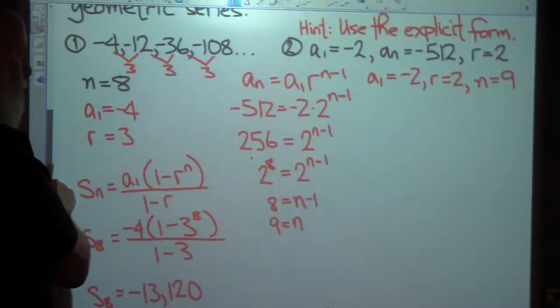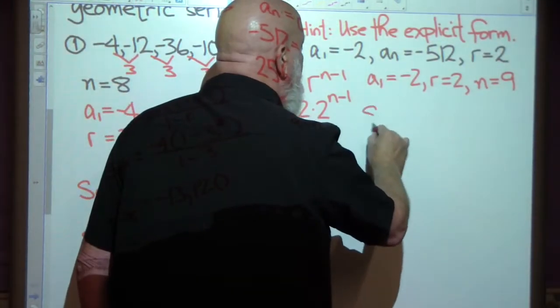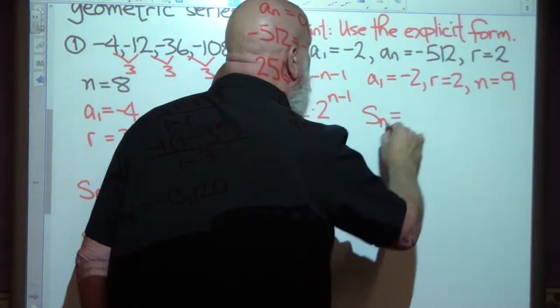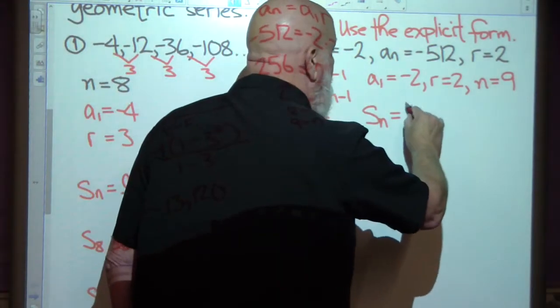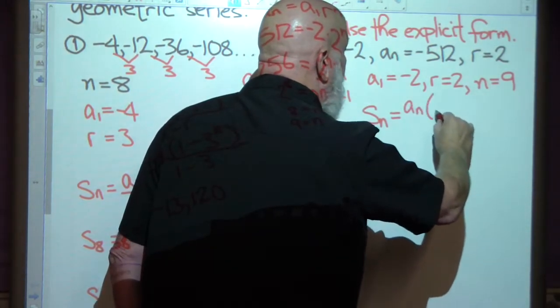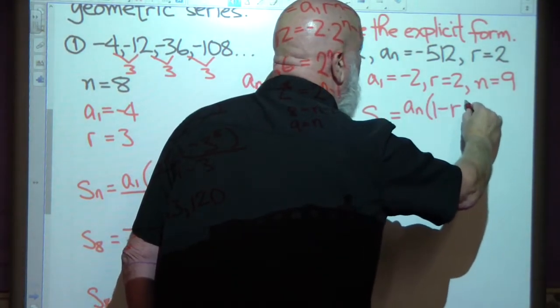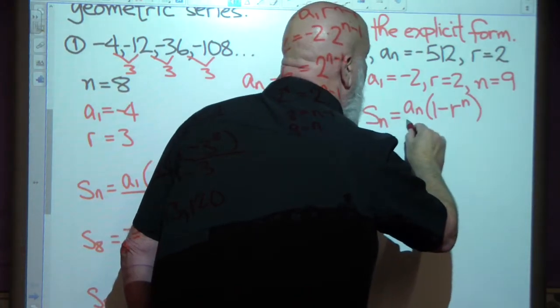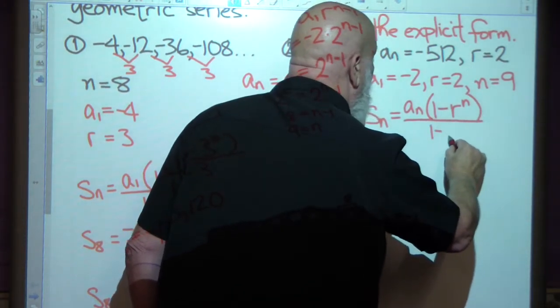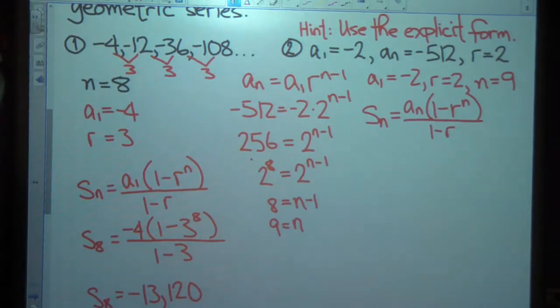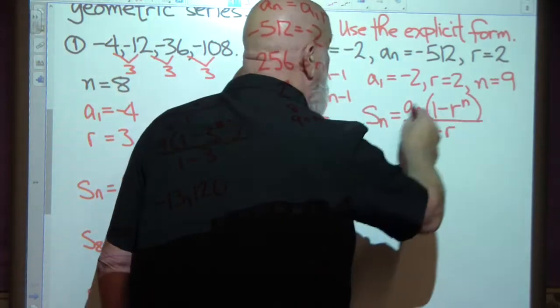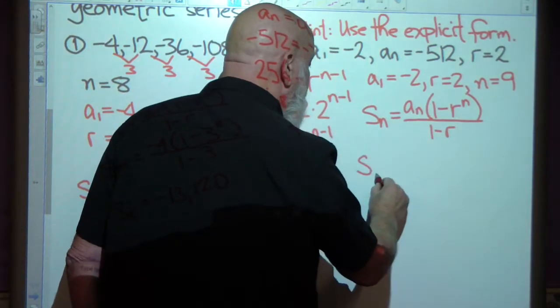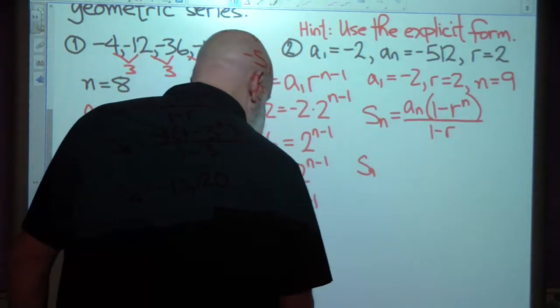So here we go. The sum of n terms is equal to a sub 1 times the quantity 1 minus r to the n, all of this divided by 1 minus r. Okay? And now I'm just going to plug in the information that I just found. I'm looking for the 9th term, so I'm S sub 9.